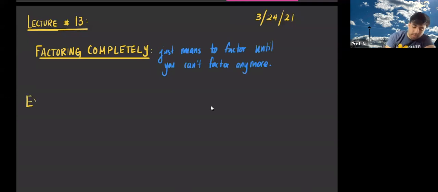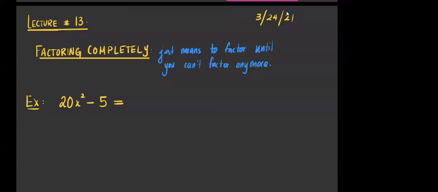So let's say I have an example such as this: 20x squared minus 5. Okay, I want to factor this completely. So what's the first thing I always want to see if I can factor first? What's the first thing? Anybody out there?